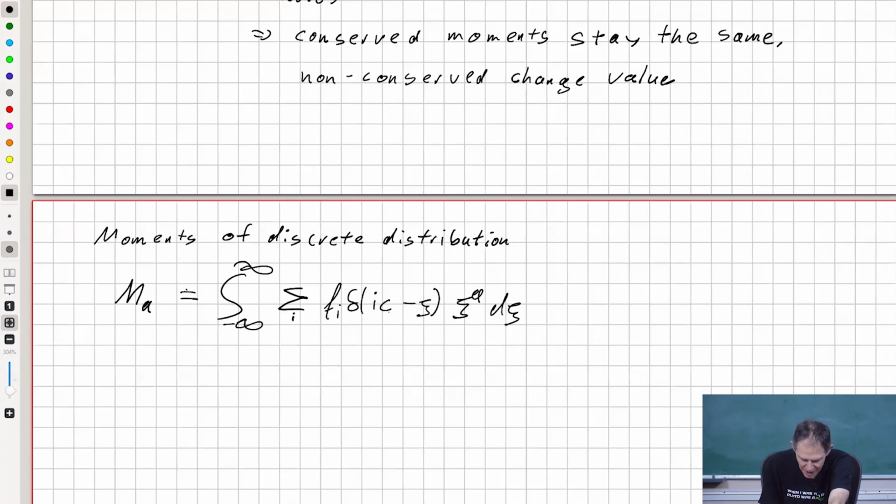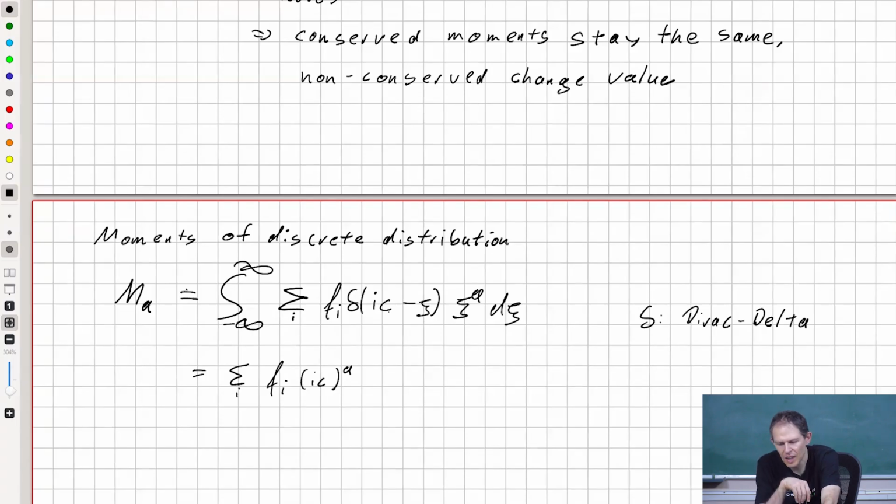So basically we end up having the sum over all the different directions Fi Ci to the power of A. So simply the integral in the discrete version becomes a sum.